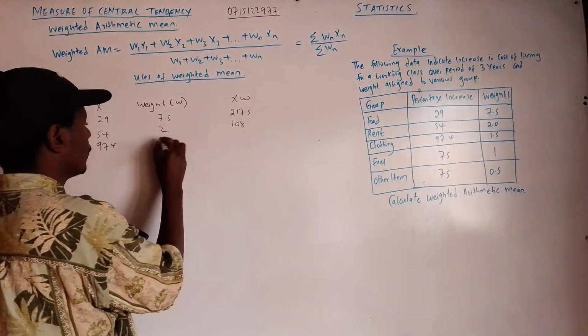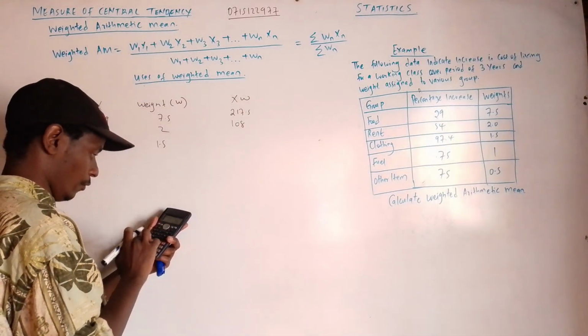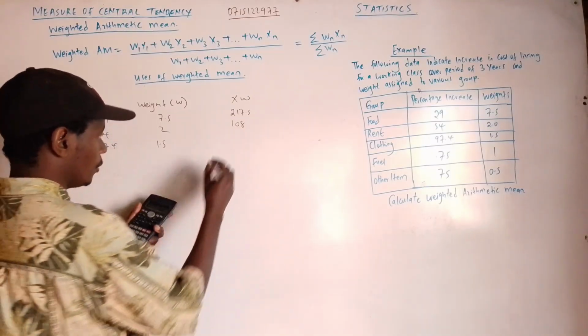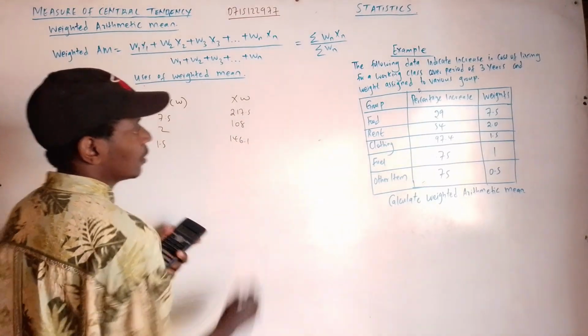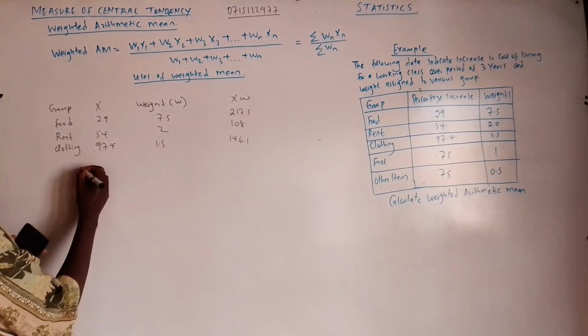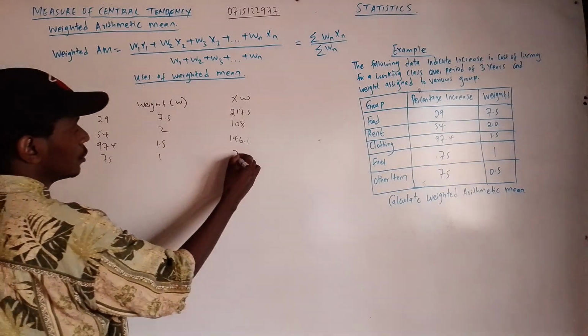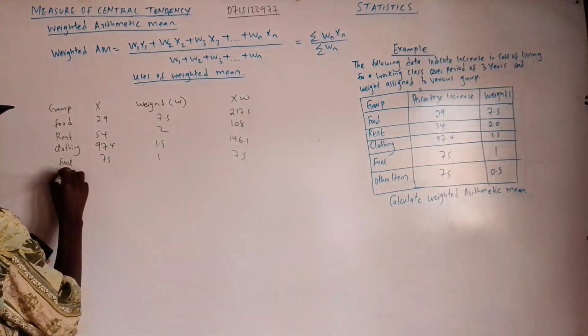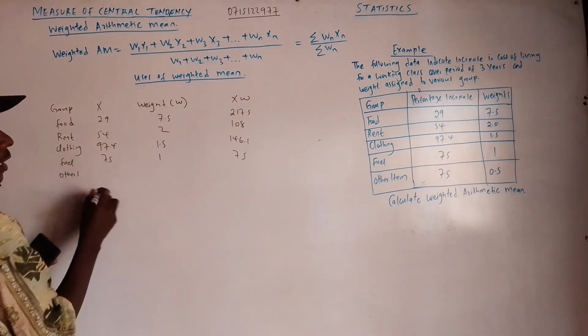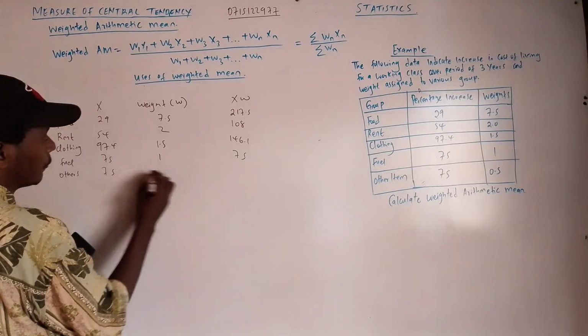So 97.4 times 1.5 is 146.1. Then 75, that is fuel, 75 and 1, which is 75. Then we have others, 75 times 0.5.